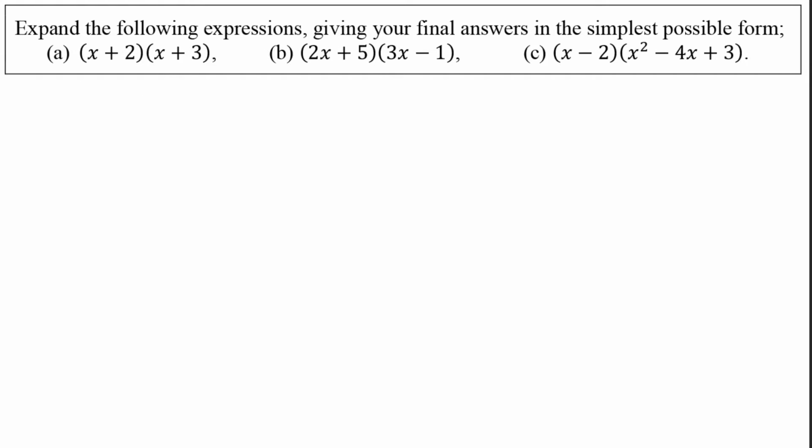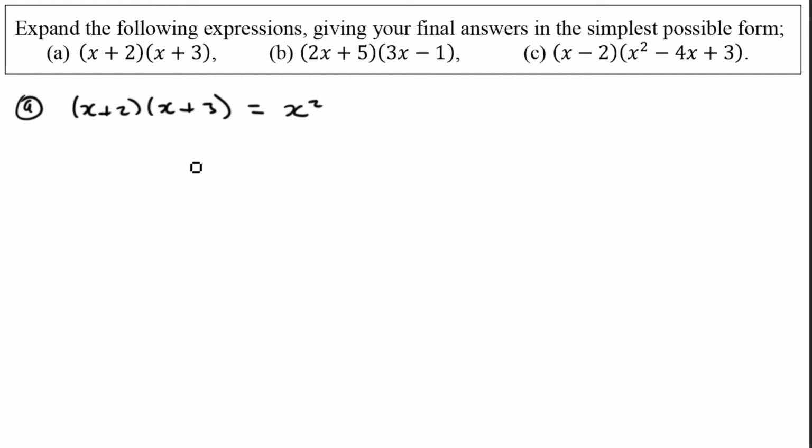Expand the following expressions, giving your final answers in the simplest possible form. So in part A, we have x plus 2 multiplied by x plus 3. If we multiply the two things in the first positions, we'll have x times x, which is x squared.